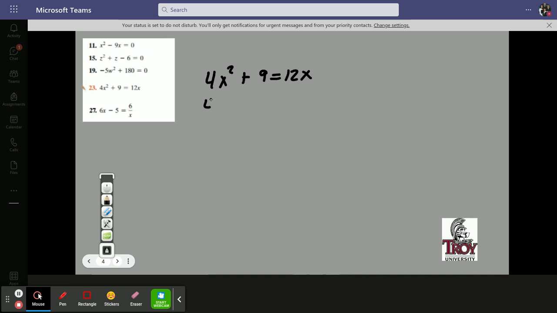Get it in your quadratic form. All right. A, C. So 4 times 9 is 36. And B is -12. -6, -6. Good.